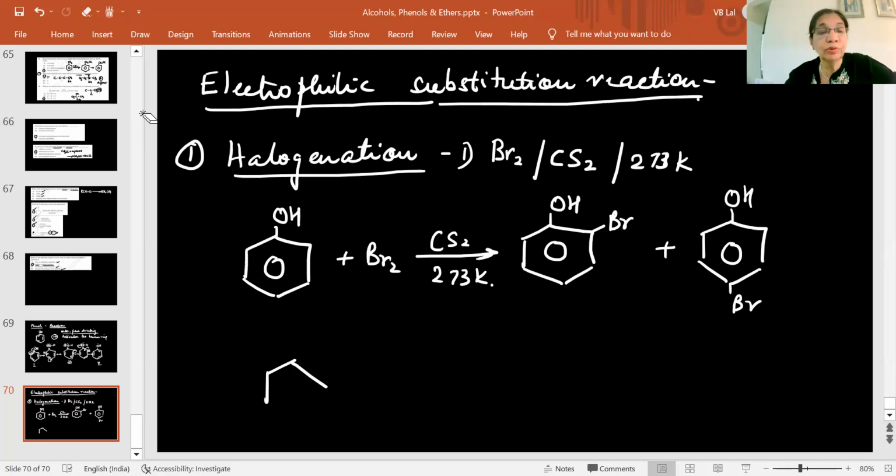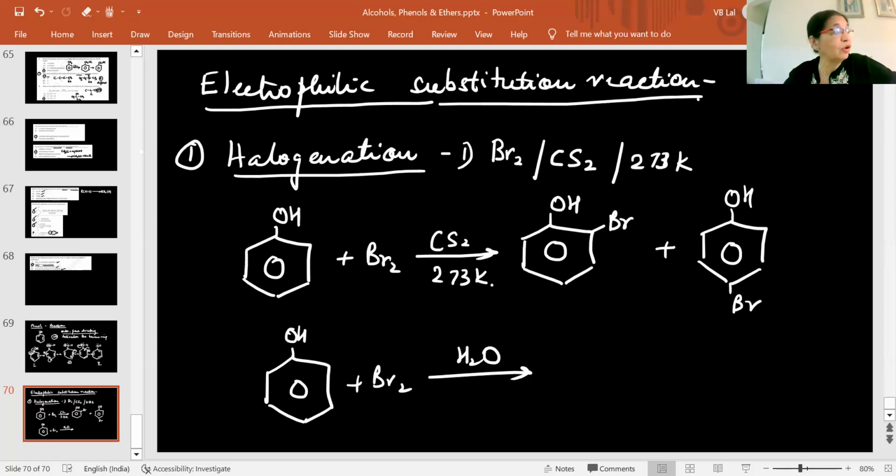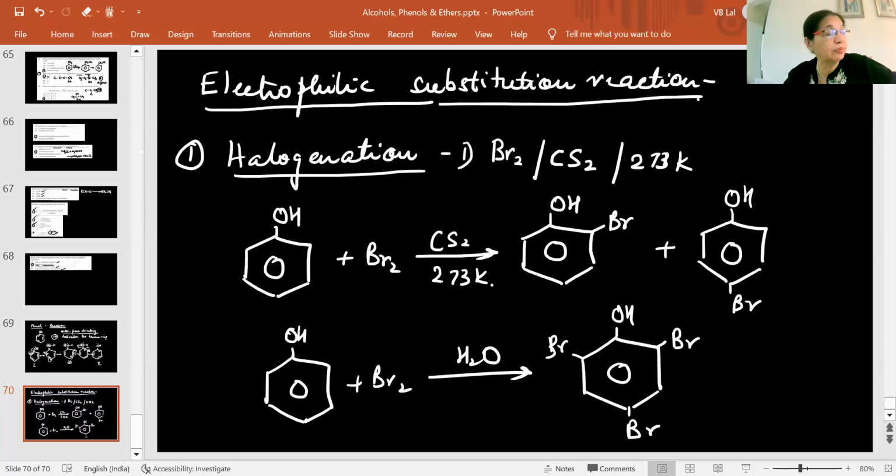However, if I take phenol and I react it with bromine in presence of water, okay, so if I do the same thing, OH, and I react it with bromine in presence of H2O, so it becomes bromine water. Then what will happen? This is activating also, so OH will be there and Br will come on ortho as well as para positions.